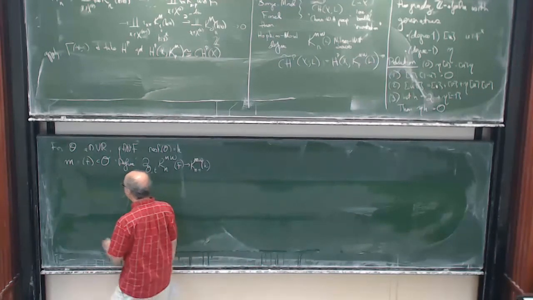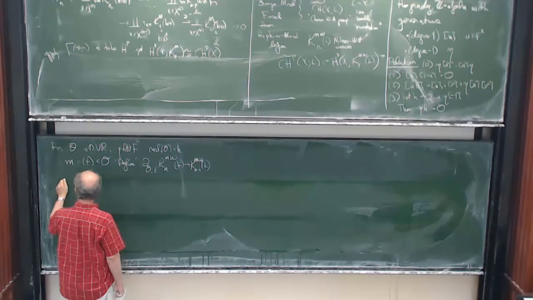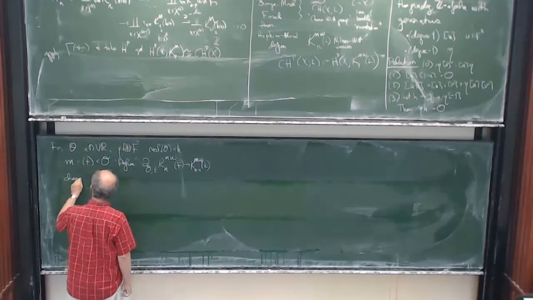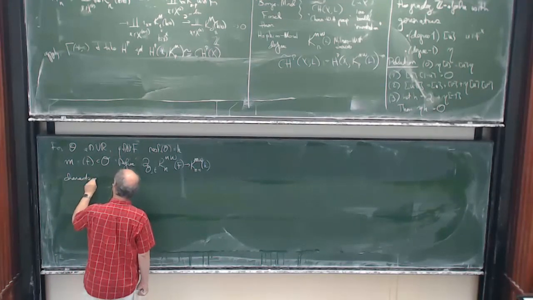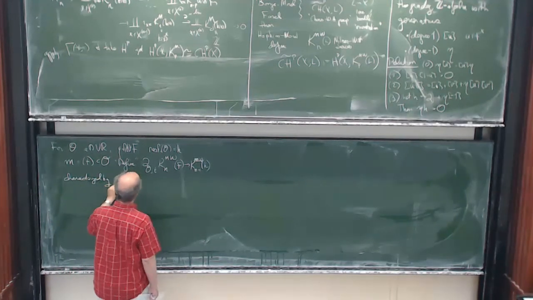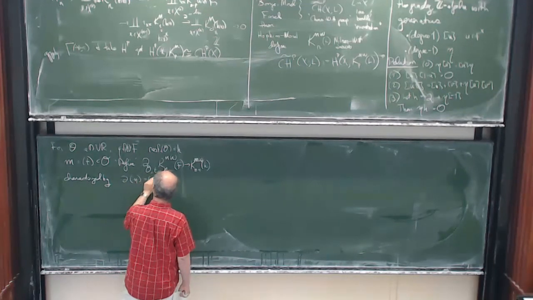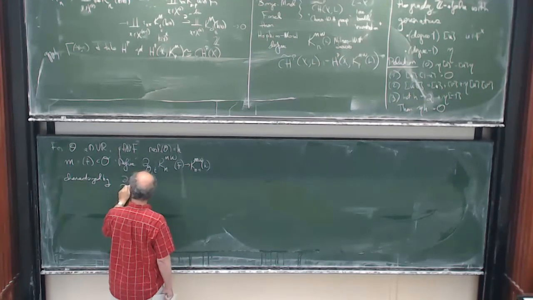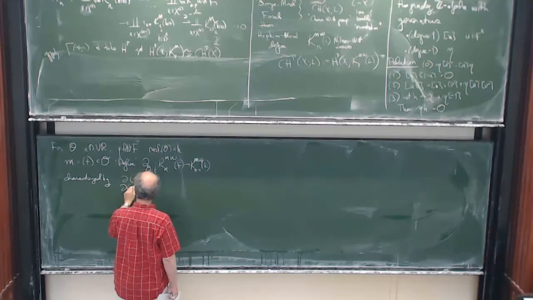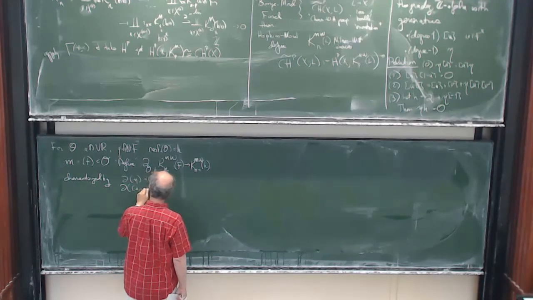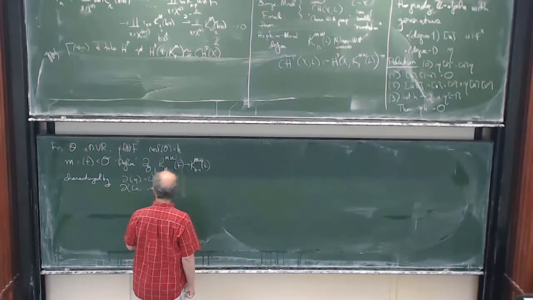And the relations are essentially the same, characterized by, well, the boundary of eta is 0. The boundary of, again, let's write a product of these symbols like this.